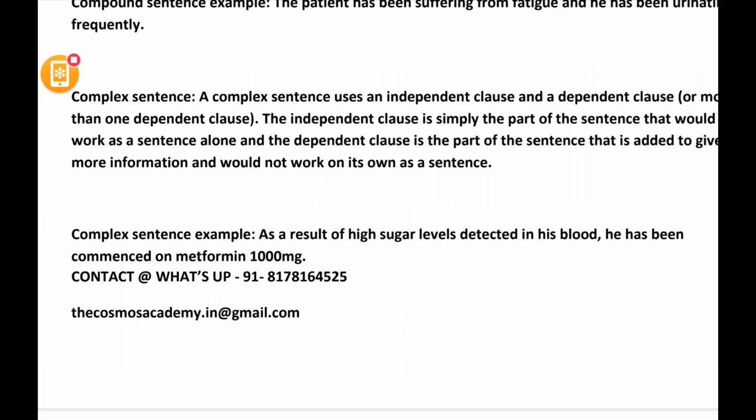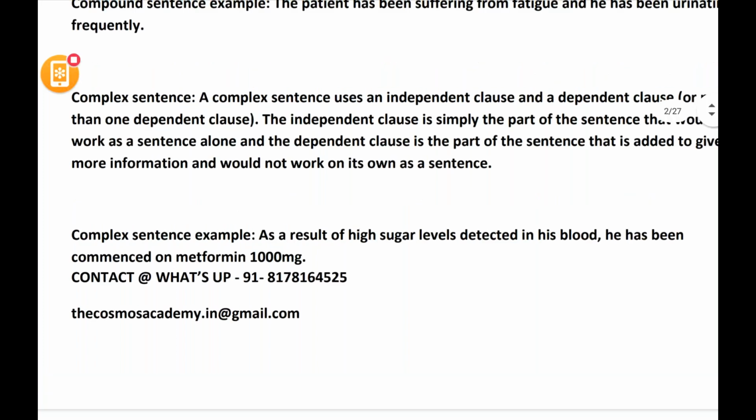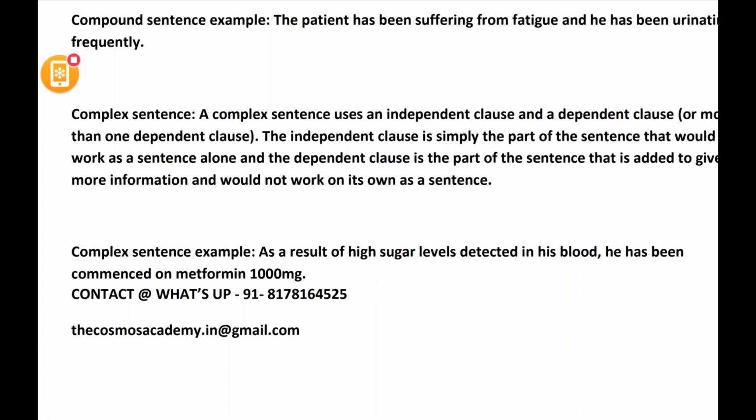Is that clear? I have one doubt because of the grammar class. Mostly I have a confusion about when we are supposed to write "has been" and when we are supposed to write "have been".